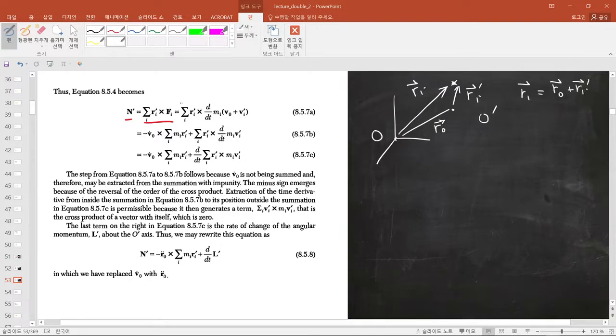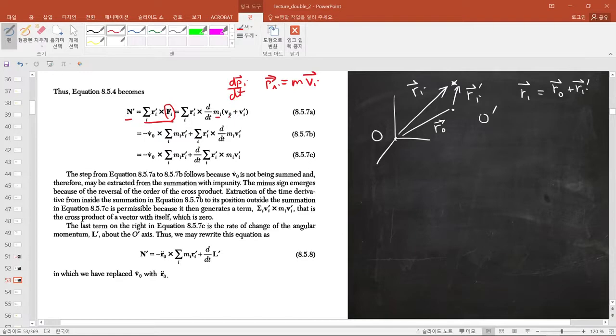Okay, so Fi is m dvi over dt, that is dPi over dt. The Pi is of course m vi, so m dvi over dt, where vi is v0 plus vi prime.